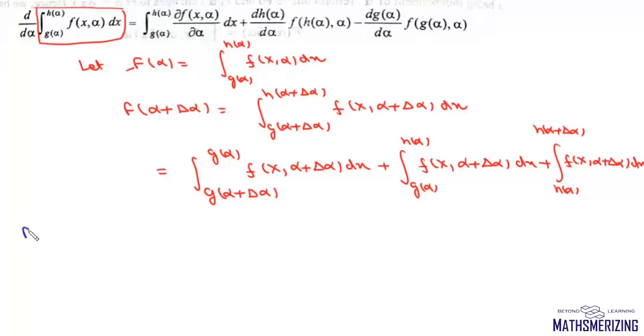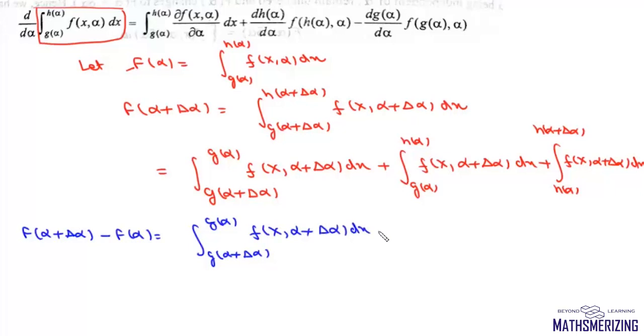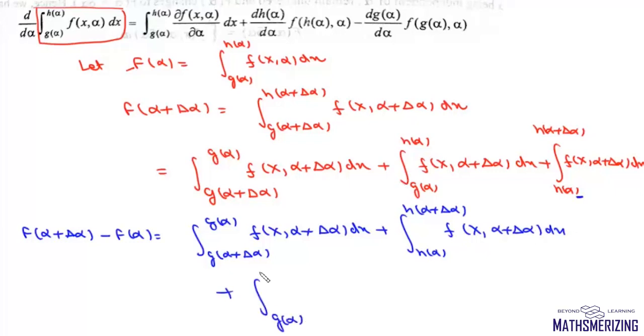So F(alpha + delta alpha) minus F(alpha) will be equal to the integral from g(alpha + delta alpha) to g(alpha) of f(x, alpha + delta alpha) dx, plus, I'll write this one first, the integral from h(alpha) to h(alpha + delta alpha) of f(x, alpha + delta alpha) dx, and then we have the third integral from g(alpha) to h(alpha) of f(x, alpha + delta alpha) dx, and then minus F(alpha), which is the integral from g(alpha) to h(alpha) of f(x, alpha) dx.